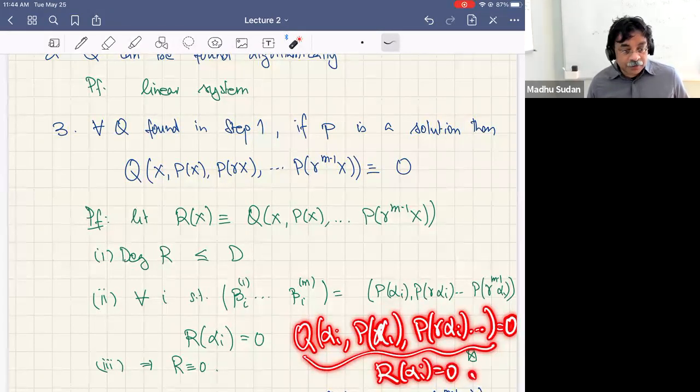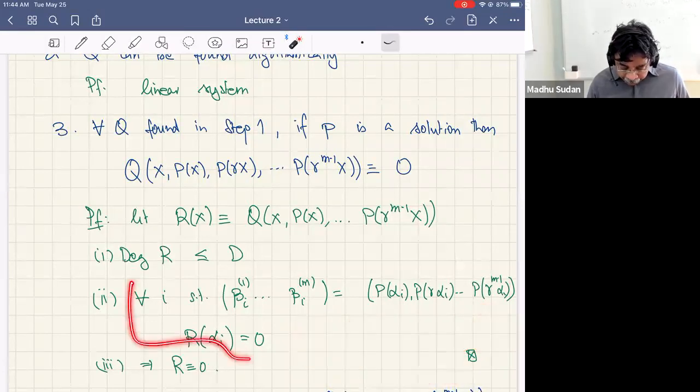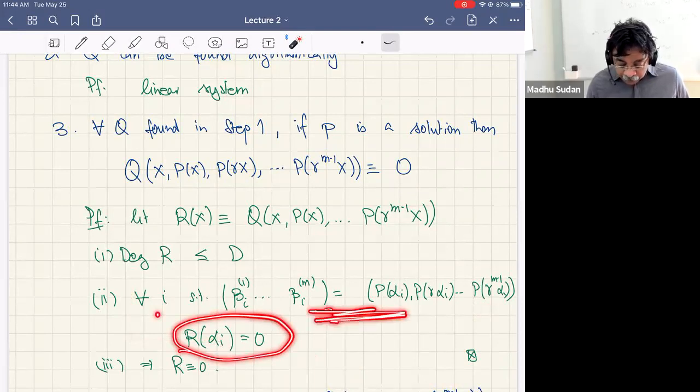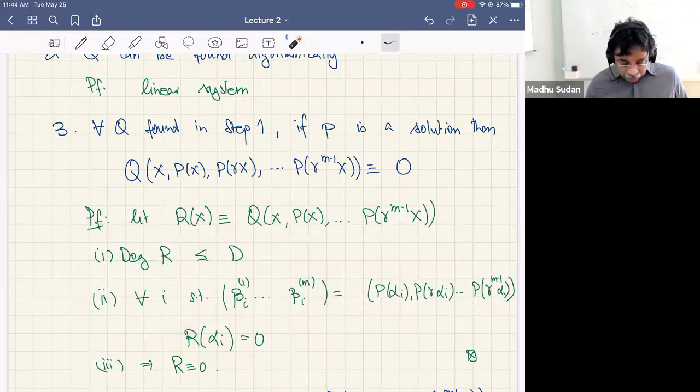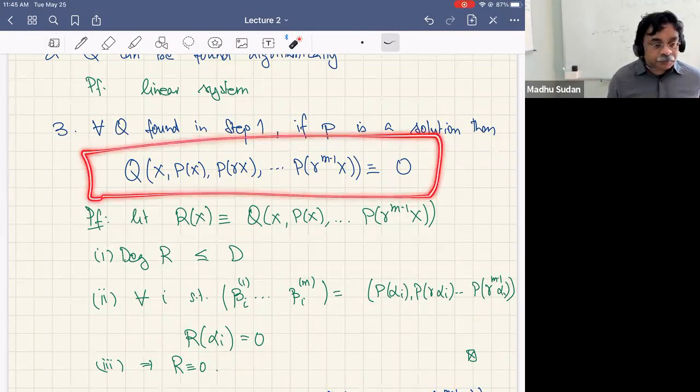Right? So a few steps compressed into one, but it basically says every time you have this equality and agreement, R has found a 0. If the number of zeros is more than D, then R must be identically 0, which is exactly what we are looking for here.